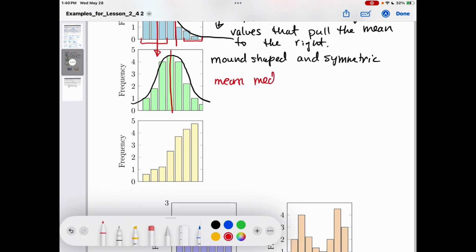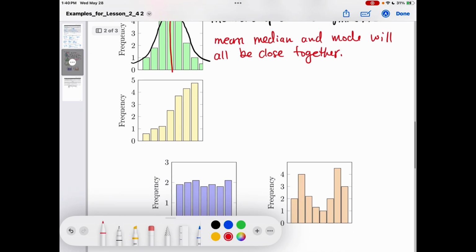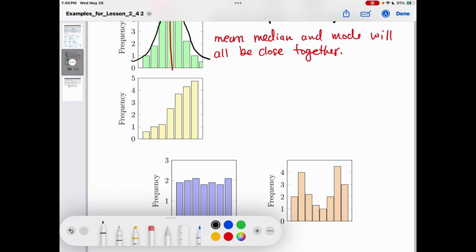So they're all going to lie in this area here. The mean, median, and mode will all be close together. If it's perfectly symmetric, then they'll be exactly the same. But in real life, most data isn't perfectly symmetric.